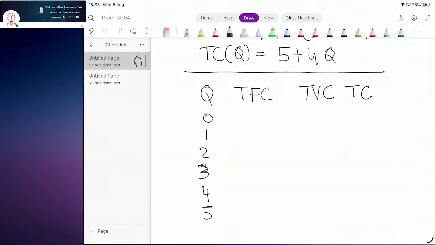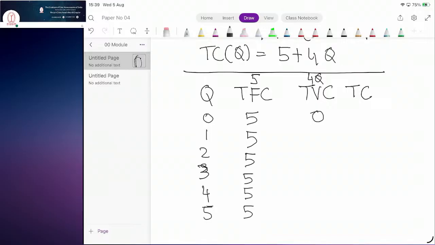Do that. We know that fixed cost is 5, so write everywhere it is 5. Variable cost is 4 times Q. Multiply 4 by the quantity. 4 into 0 will be 0.